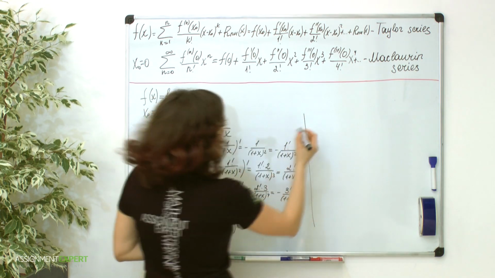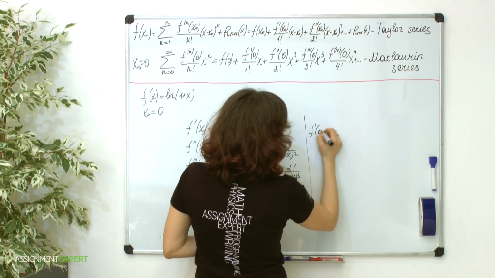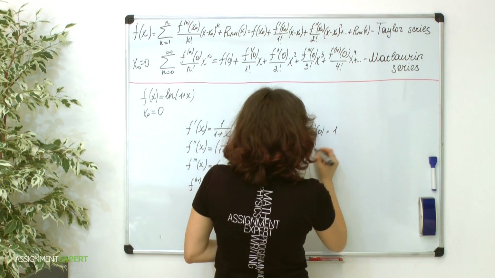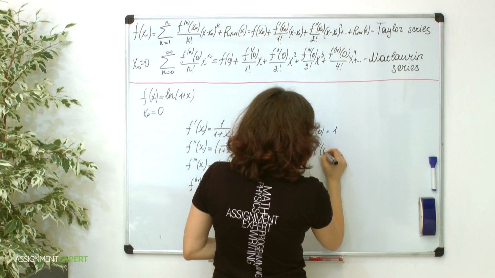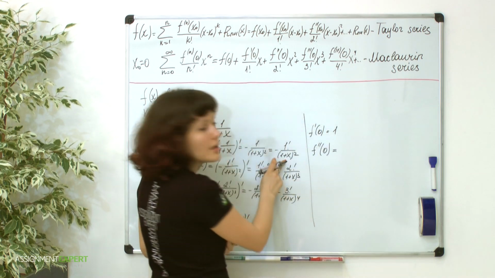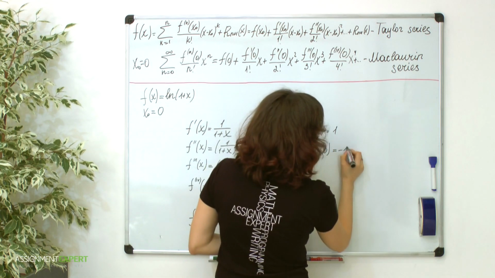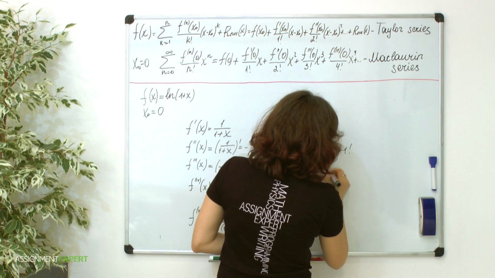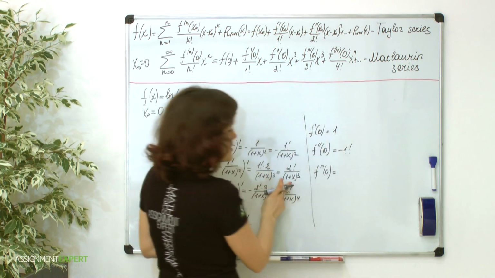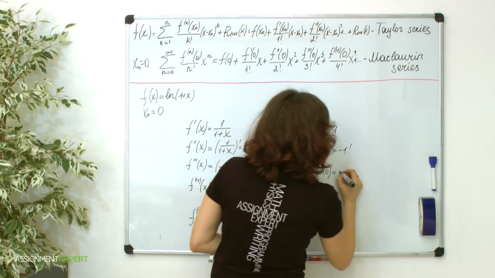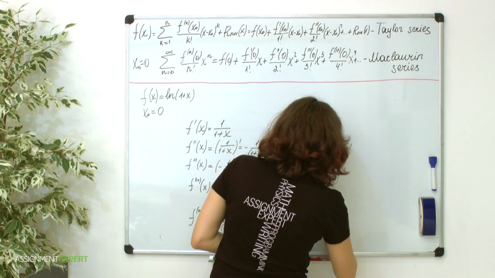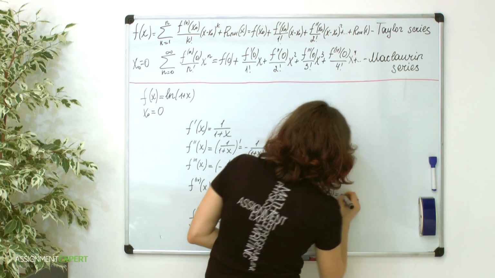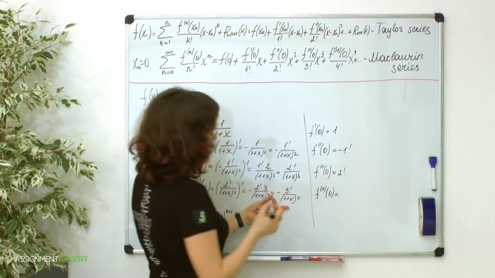f prime of 0 equals 1. f double prime of 0 equals minus 1 factorial. The third derivative of f at 0 equals 2 factorial. The fourth derivative of our function at the point 0 equals minus 3 factorial.